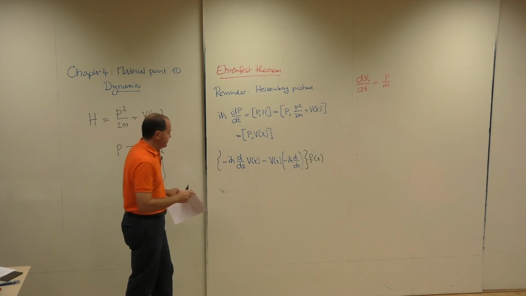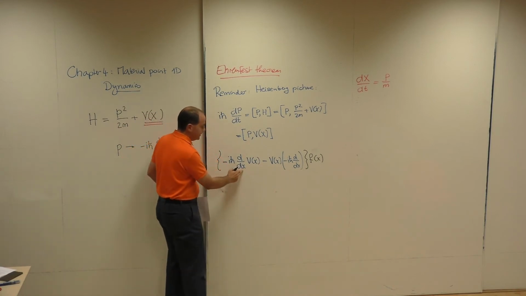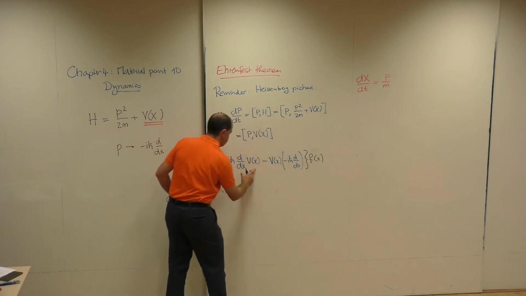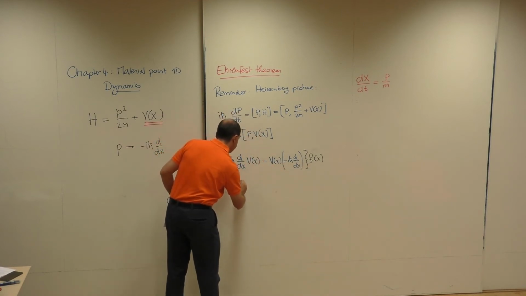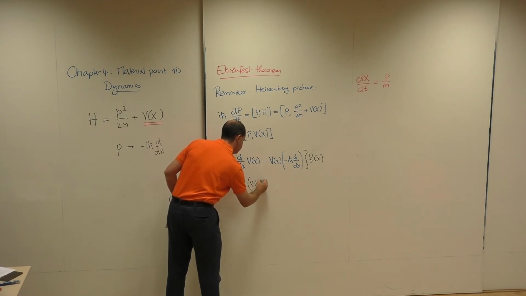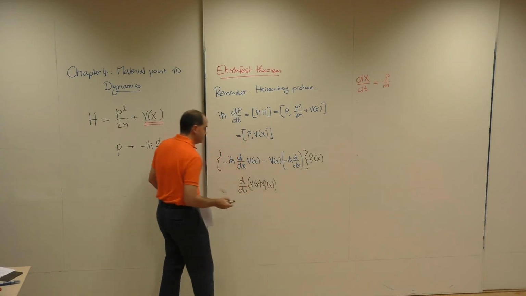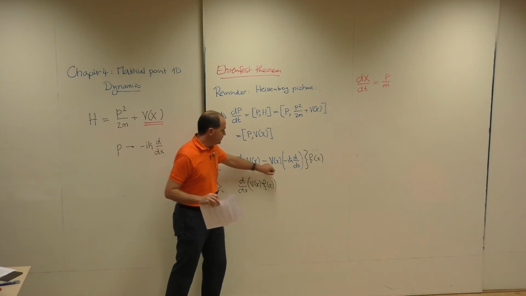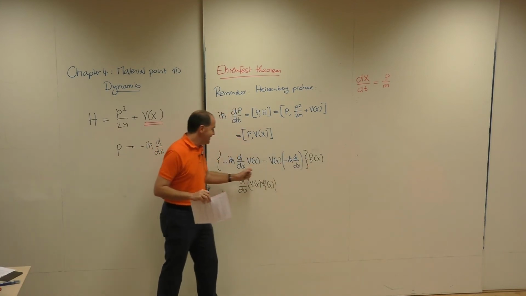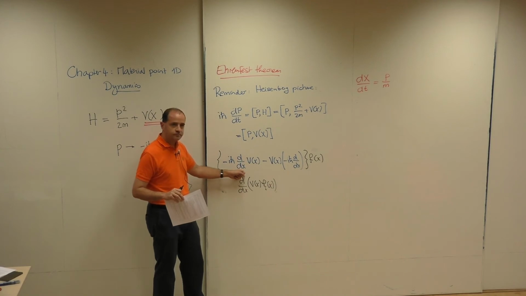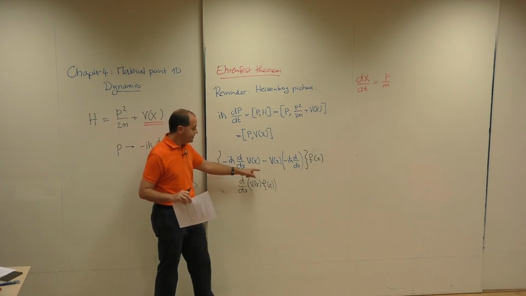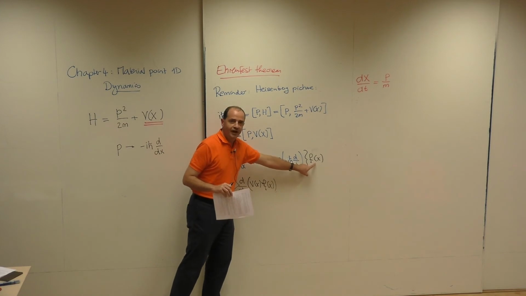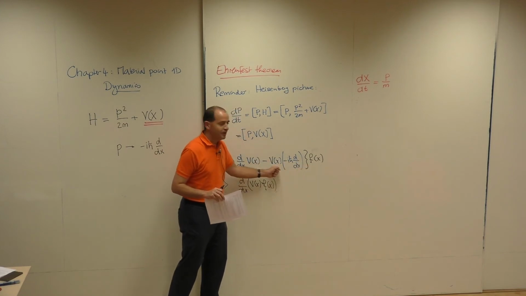What does it mean? You see here, this is not the derivative with respect to x of V alone. This term should be read as d/dx of the product. Because what the operator is doing is first multiply V with f and then take the derivative of what is left. Whereas here we take the derivative of f and then multiply by V.